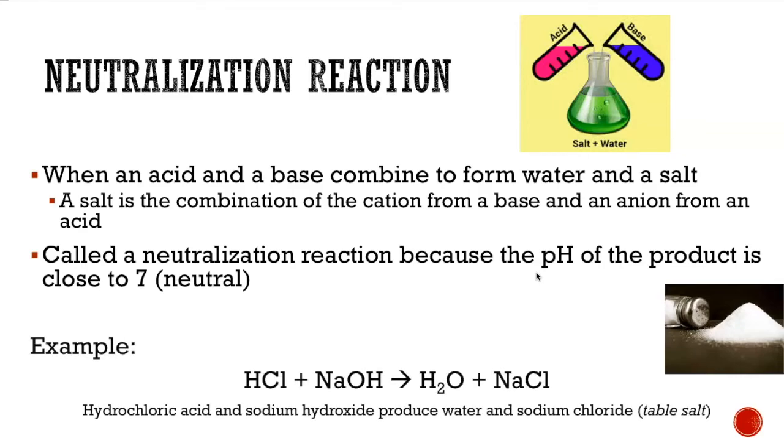So an example of a neutralization reaction would be if we started off with hydrochloric acid and sodium hydroxide, we're going to be producing water and sodium chloride, which actually is table salt. If we look at those two things, both water and table salt are neutral. So we've combined an acid and a base to produce a neutral product.